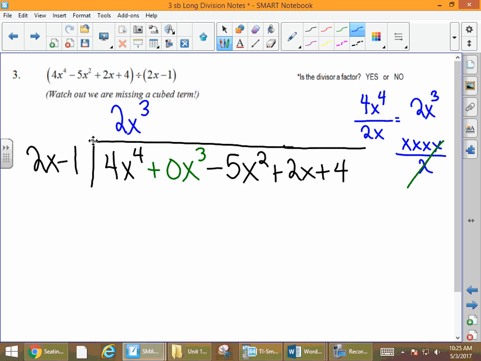So we're going to use it. We're going to multiply. 2x cubed times 2x is 4x to the 4th. 2x cubed times negative 1 is negative 2x cubed. Change both signs.